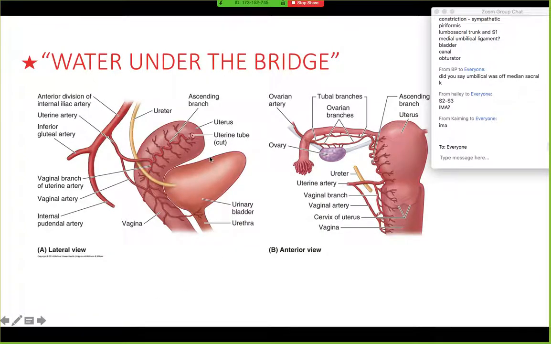All right. I can pretty much guarantee that they're going to tag this relationship because they make a huge deal about it. Okay, so this is water under the bridge. Is anyone familiar with what I'm talking about here? Like, what is the relationship that I'm talking about?